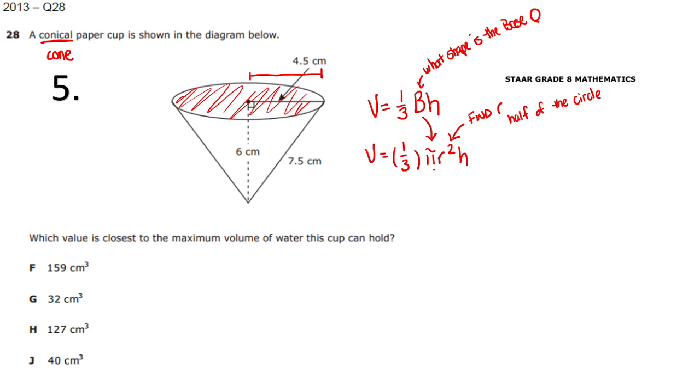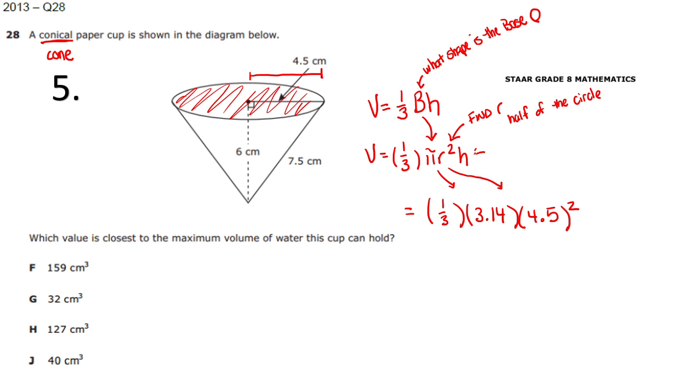We have a radius. So our r is 4.5. Let's catch up. Our volume is 1/3. We plug in what pi means. Pi means 3.14. Our radius is 4.5, and we're going to square it. But then we need to figure out what the height is.